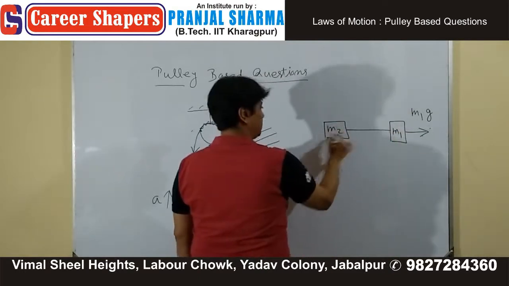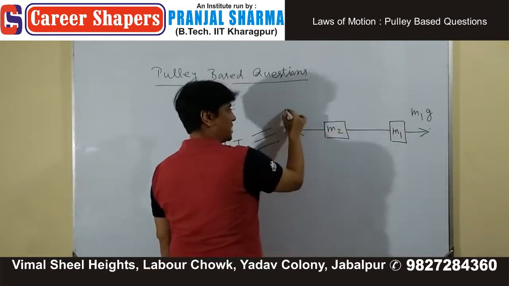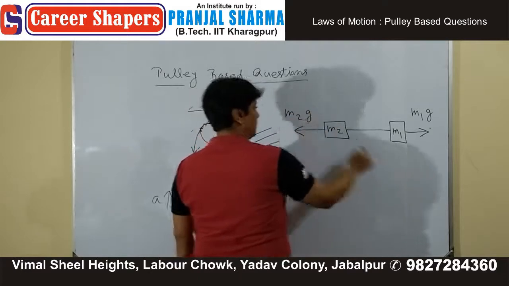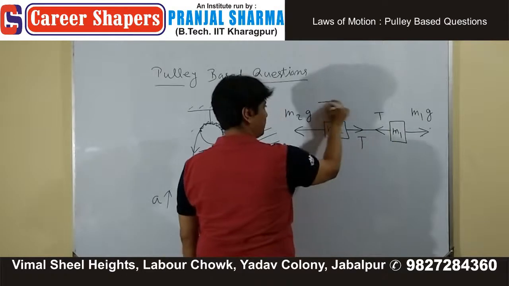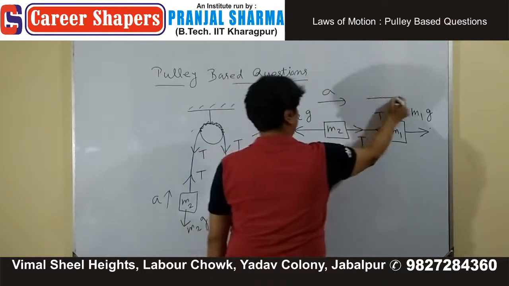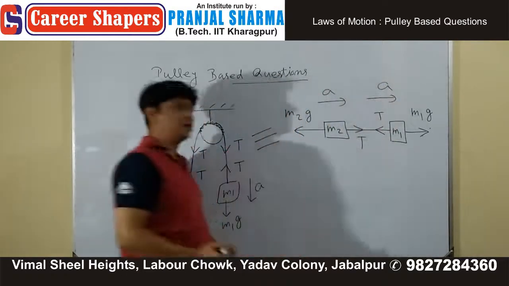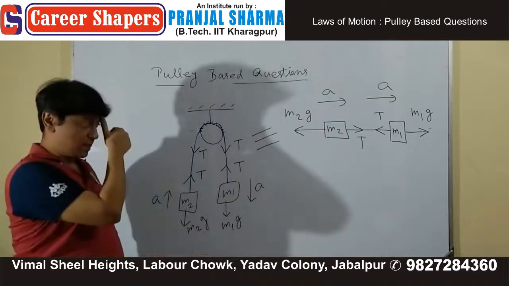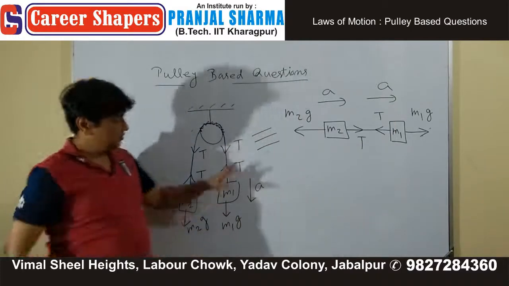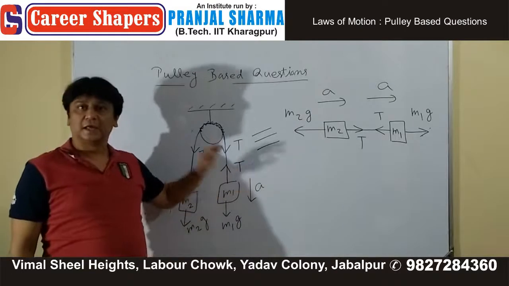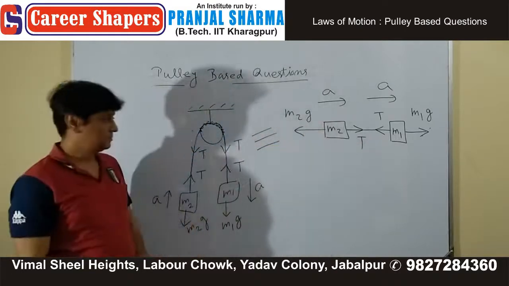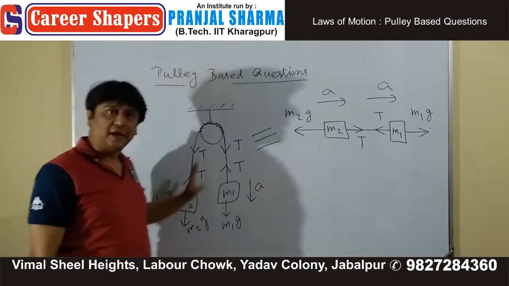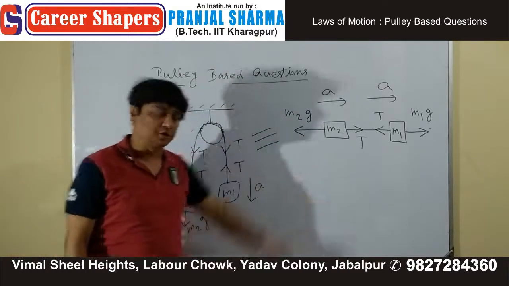This is m2 being opposed by m2g. Tension force T, and system is moving with the help of acceleration A. This is equivalent to this. It's not equal to this, it's equivalent to this.